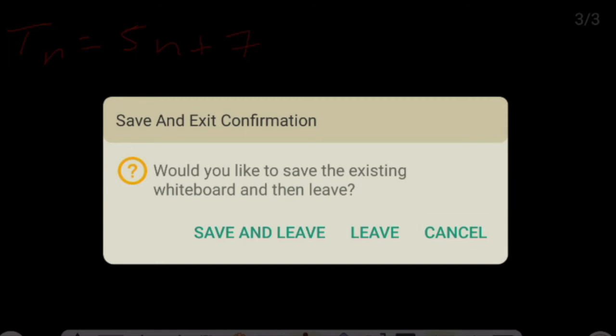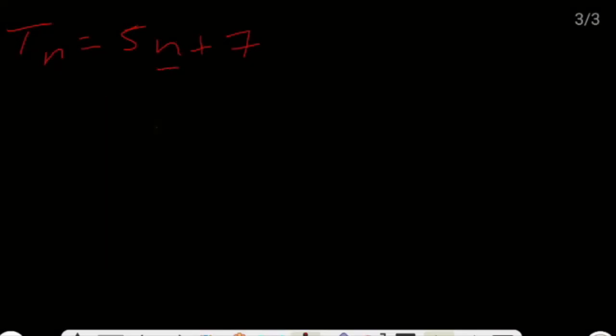Let me start on the clean board. And then we know this linear pattern is finite, meaning it ends, and they've given us the value of the last term, which is 172, right? So let me start by writing down my formula, which is Tn = 5n + 7. Now they want us to calculate the number of terms. They want us to calculate n in this case, right?